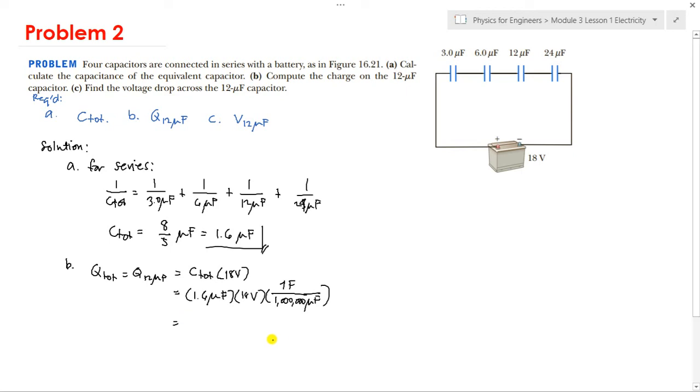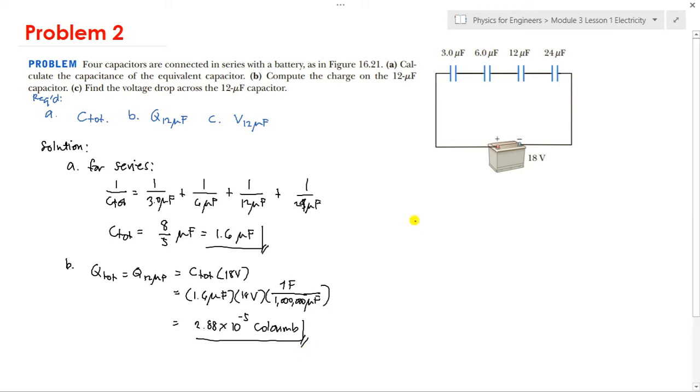The answer is 2.88 times 10 to the power of negative 5 coulomb. So that is the total charge. That is also equal to the charge at 12 microfarad or any other capacitors here.